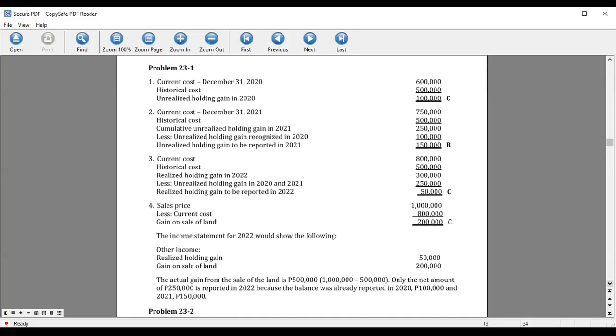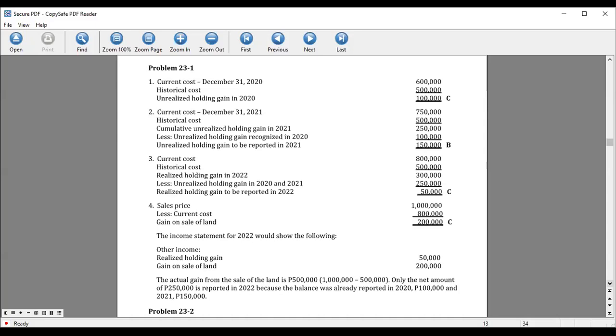We deduct the unrealized holding gains reported: in 2020 was 100,000, in 2021 was 150,000. So we have the total reported unrealized holding gains of 250,000. So the realized holding gain to be reported in 2022 is 50,000.